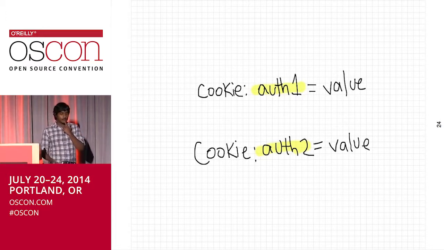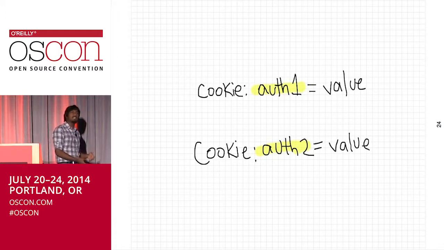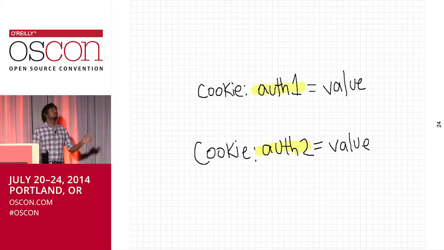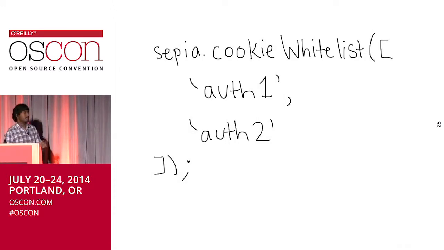So what we'll do is we'll take the cookie names, and just the names, put them in an array and use that as part of figuring out what the file name is. But then there's a whole bunch of cookies that may or may not matter. And so there's this concept of a cookie whitelist.